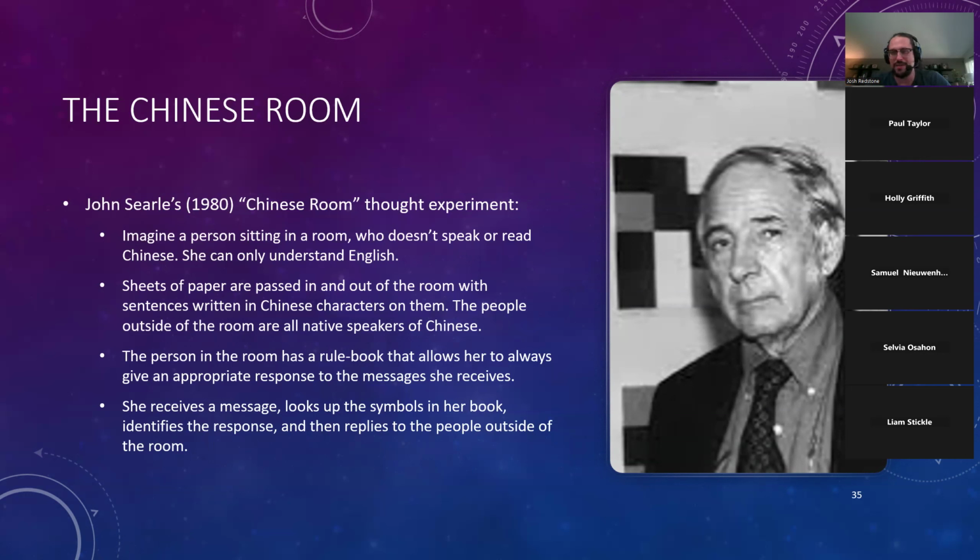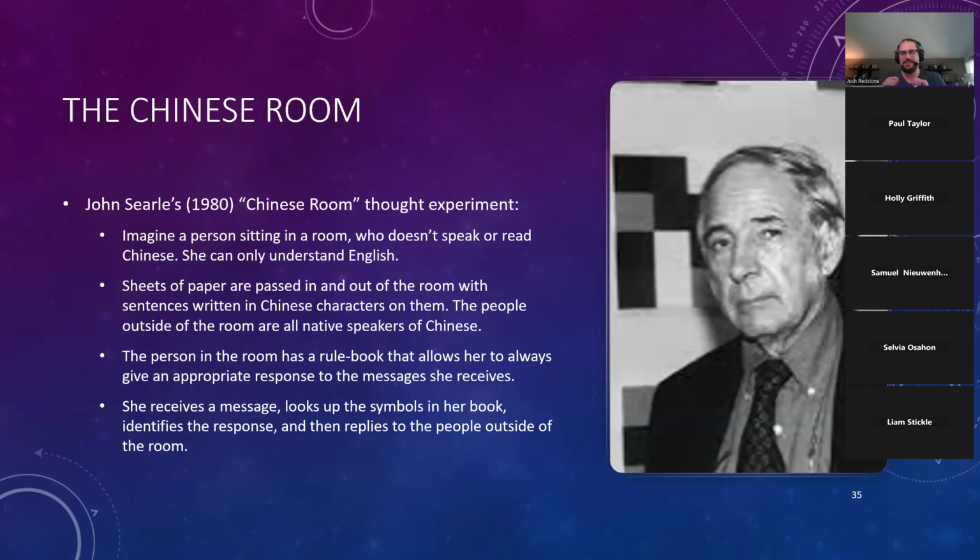Lucky for you, you have a rule book in the room, which has an exhaustive list of instructions for how to respond to any conceivable string of symbols that you might receive. So you receive a string of symbols and you don't know what it means, but you look it up in your rule book and it says if you get this string, respond with this string.